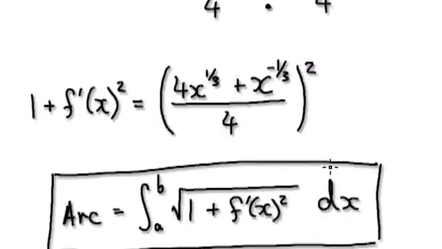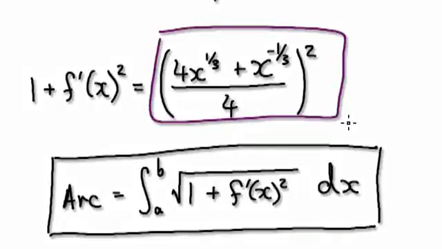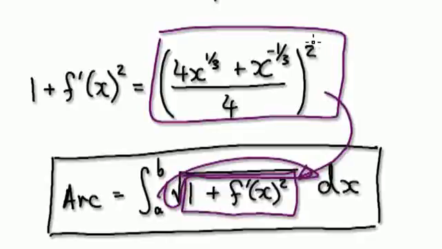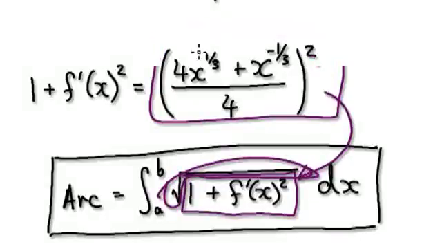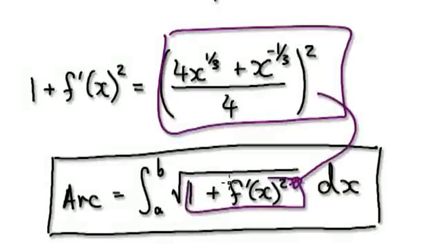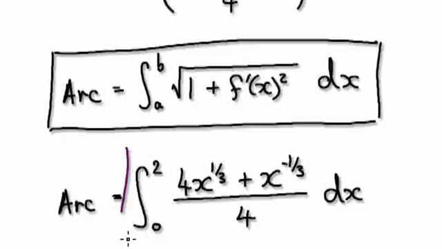Okay, so going back to the original formula for the arc length, let's put this whole thing into this thing here. When you square root it, you're really just getting rid of this. So putting this whole thing here into this thing here, that will take you to this stage here.